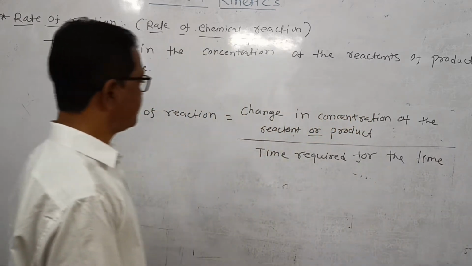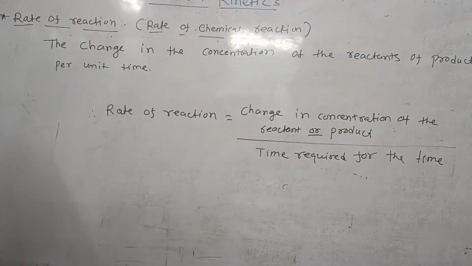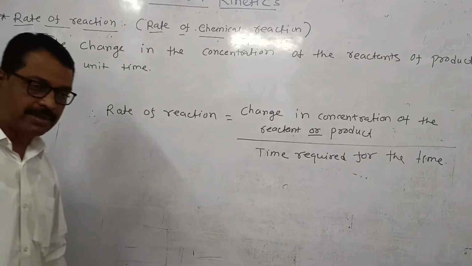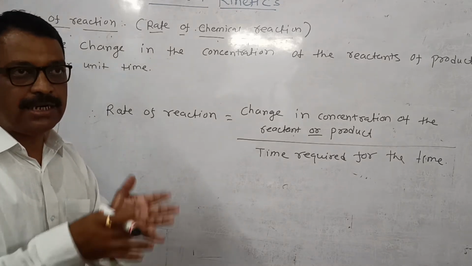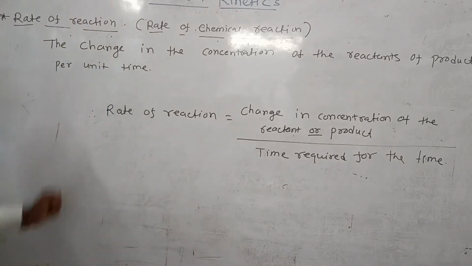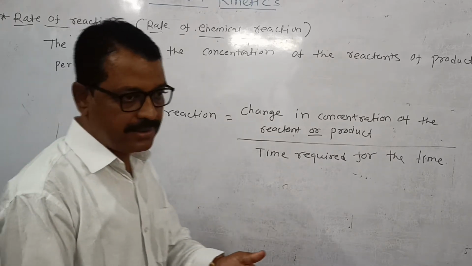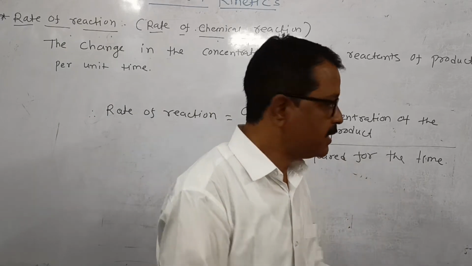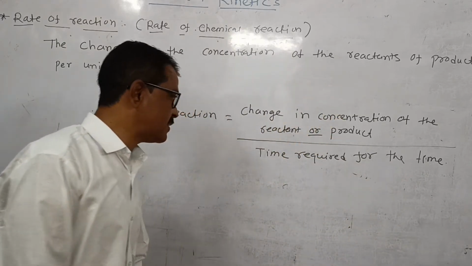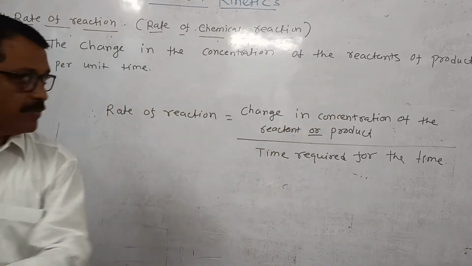The change in the concentration of the reactant and product in an interval of time, per unit time. Rate of reaction means change in concentration of the reactant or product divided by the time required.